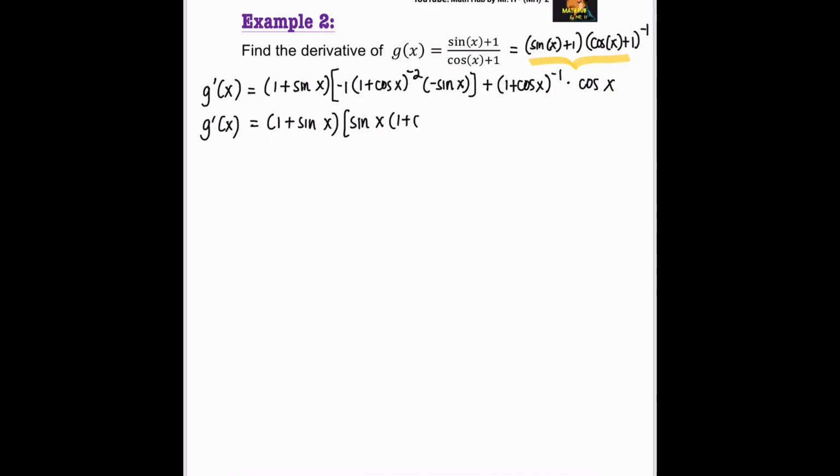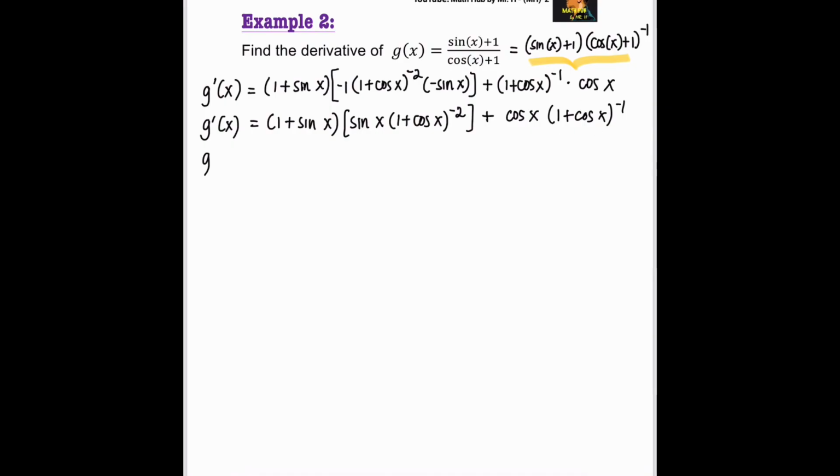So 1 plus cosine x to the power of negative 2. We just simply copy everything here. All right, so I can rewrite this because we have here negative exponent, so I can make this exponent positive. Same goes for this term.